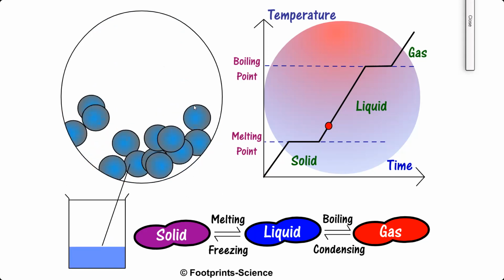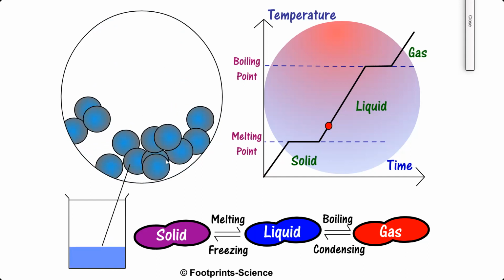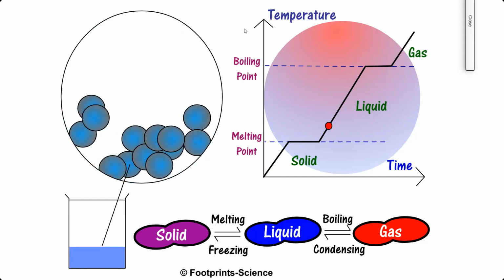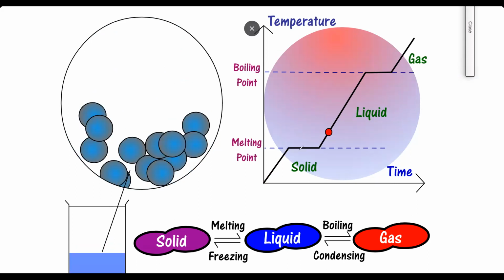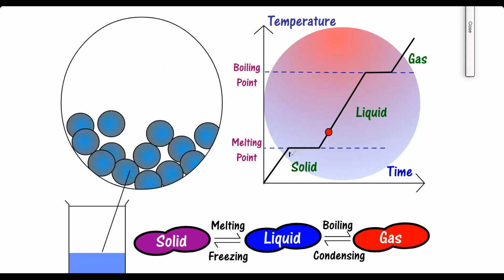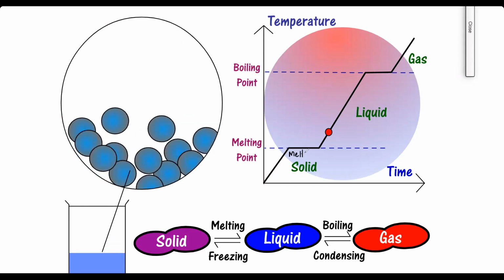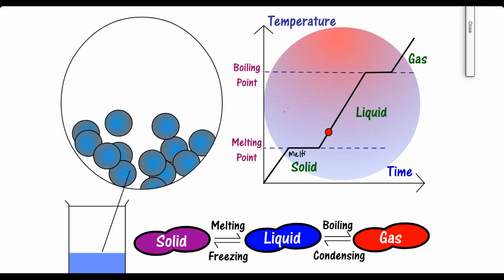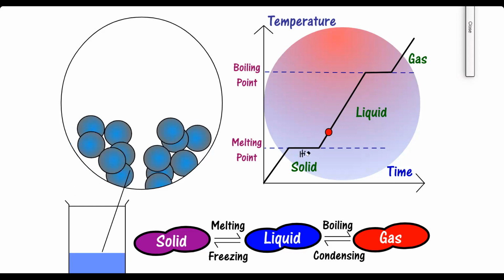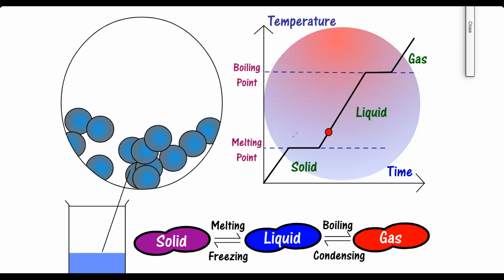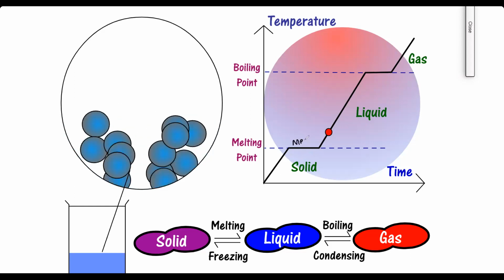So look at the particles now. After applying heat, melting has taken place. And you can write this melting equation. It's an equilibrium equation. So this process is melting. Now, I'll rather put it on top. Good. So that's your melting.